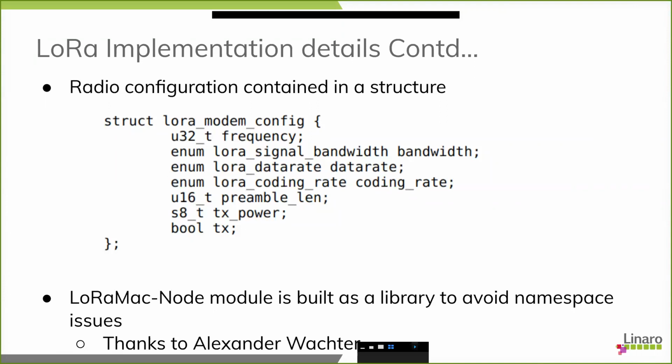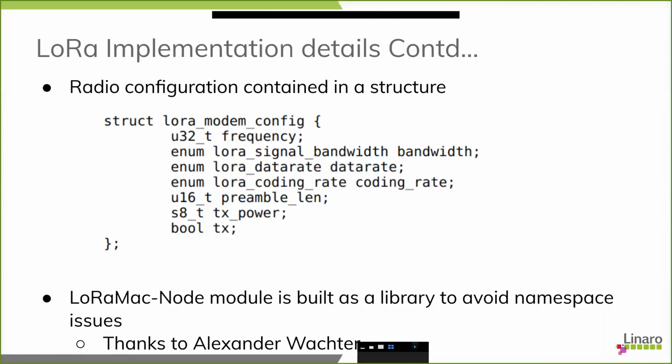I mentioned that I had reused LoRa Mac node, which is the reference repository from Semtech. But I built that module as a library in order to avoid namespace issues, because there are many symbols common between the LoRa Mac node repository and Zephyr, because LoRa Mac node is used as a standalone repository for application development.